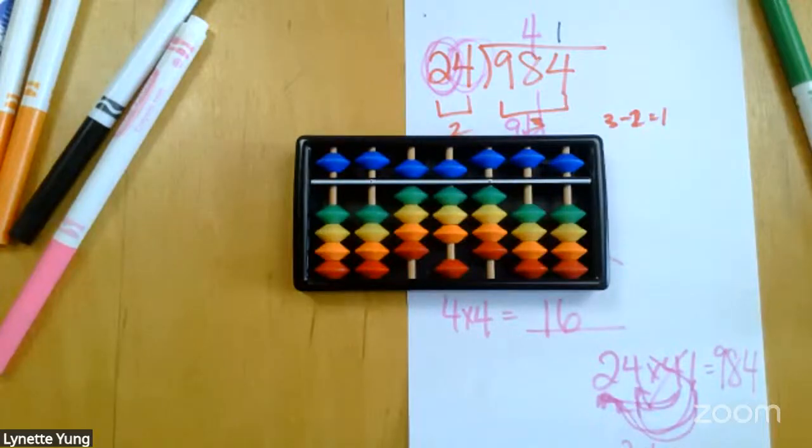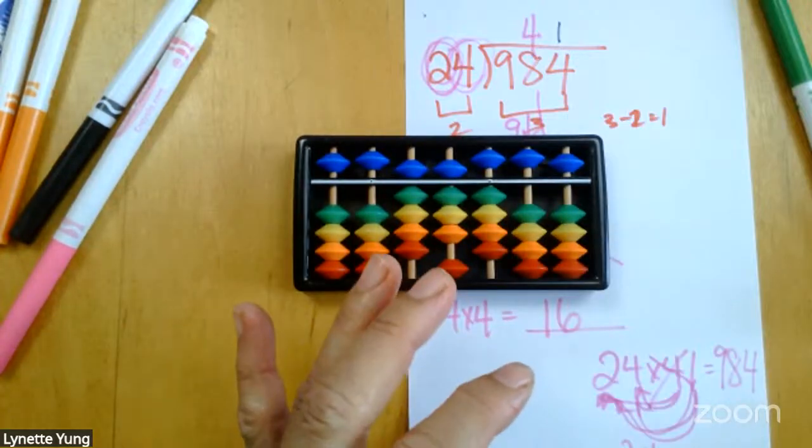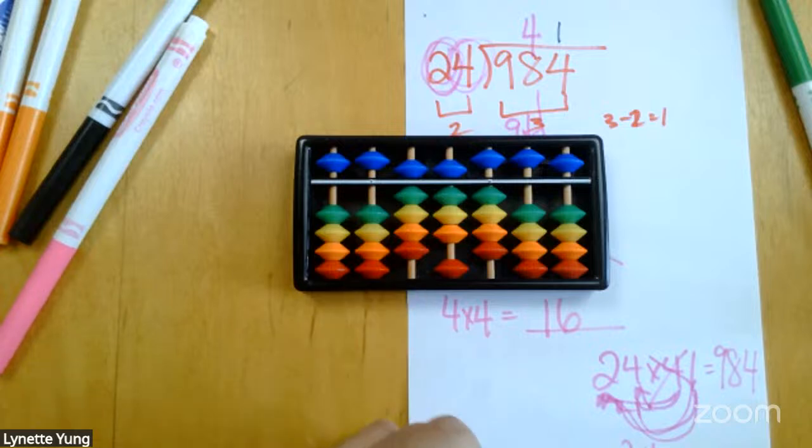Yes, it got smaller. And you basically still have extra. So you're saying how many 24s can go into 24? One time. That's it. Overthinking is what we're trying to not do.